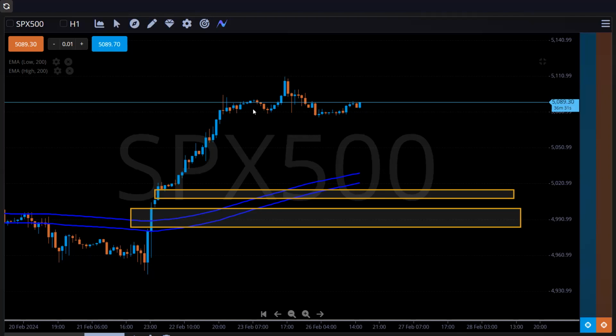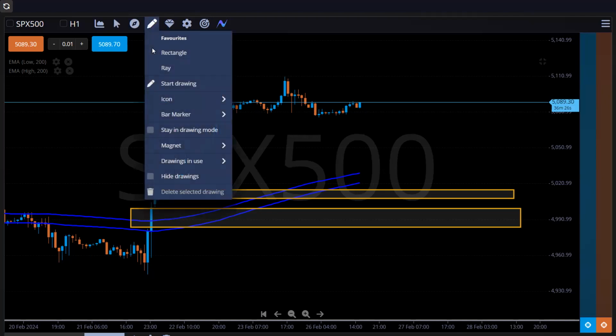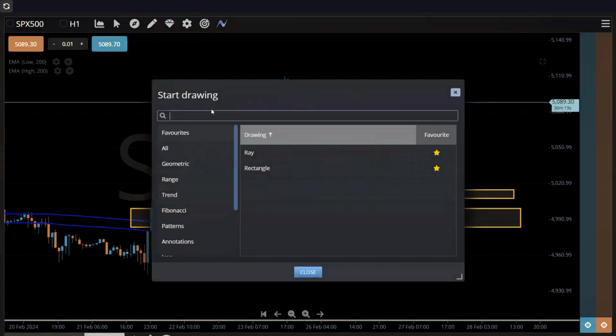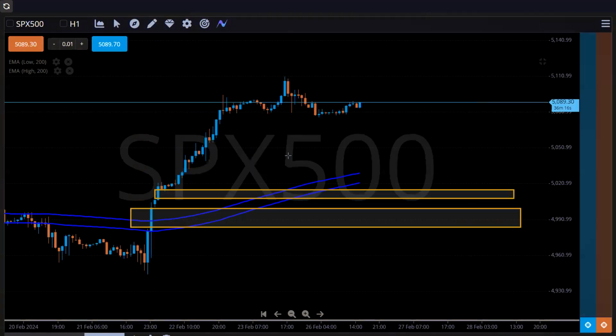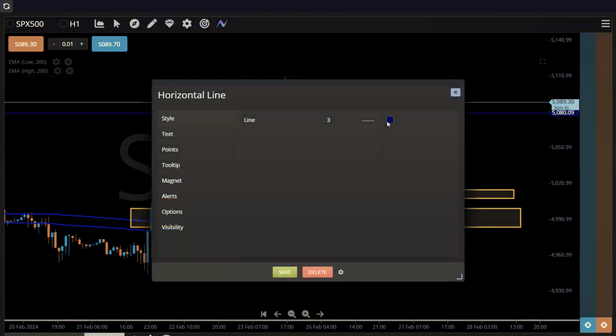We got price ranging. Let me hit the drawing, and it's not a ray. It's a horizontal line. So let's go horizontal, click it, and let's go right here. Why are all my lines blue out the gate?